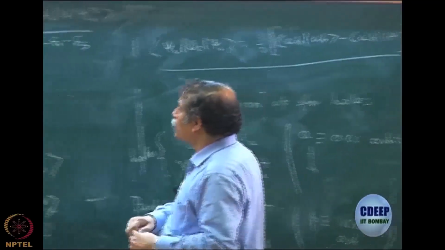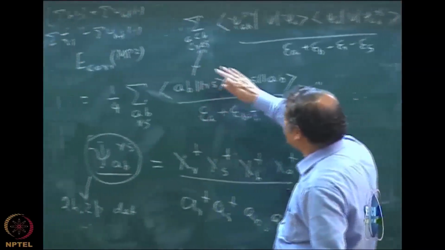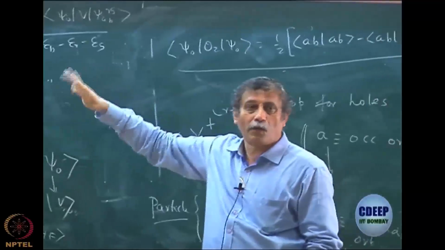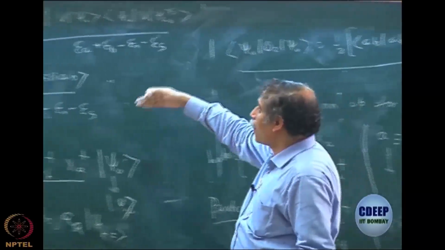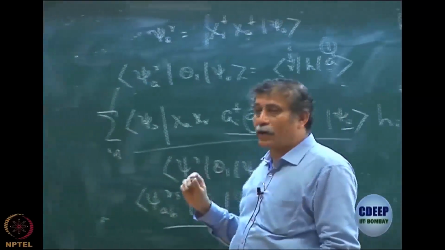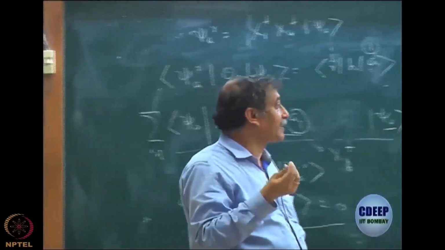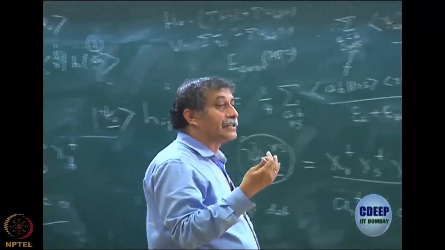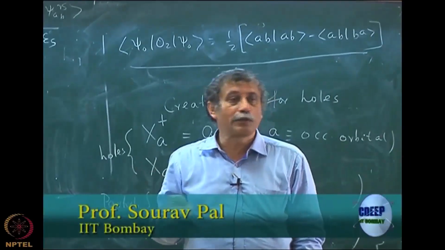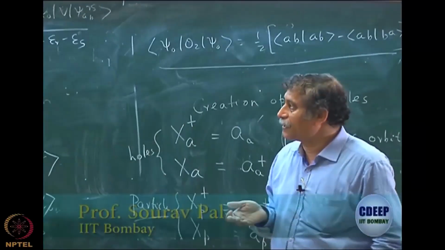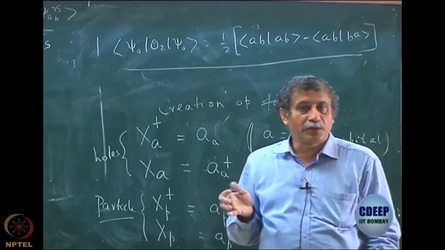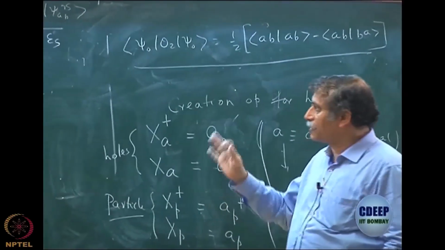The point that I am trying to show is that they can all be derived from second quantization. MP2, whatever expression we are showing, can now be derived from second quantization, and the algebra of second quantization can be translated much more easily in terms of diagrams. There are diagrams by Feynman, Goldstone, Hugenholtz; there are several diagrams. We are going to follow mostly the Hugenholtz diagrams, which are easy to follow for second-order perturbation.